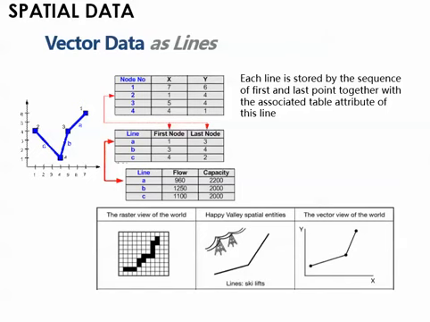So for instance, if this diagram on the left here is a line that represents power lines, then the attribute for each segment, so as you see, there is A to B, that's segment A, and then there's this node to this node, that's segment B, and this node or point to this point, that's segment C. So there is associated information in an attribute table about each one of those segments. So that could be capacity, flow, whatever information that there may be attached to that type of data.